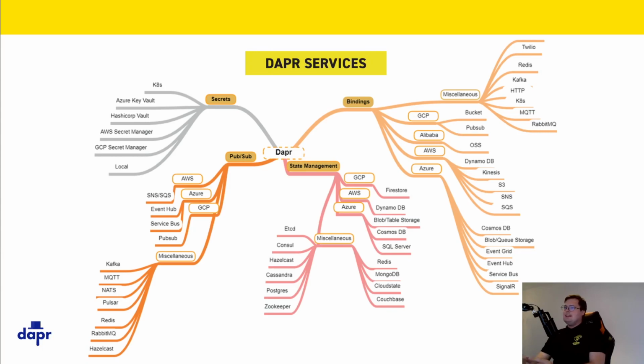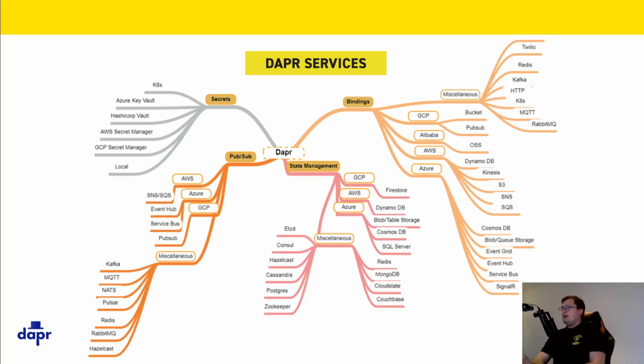So here you can see a list of all the services that Dapr currently has a binding for, or a building block, or a connector, or however you want to call it. For GCP, AWS, and Azure, it's basically all of the widely used public cloud services that you would use for a cloud native application.